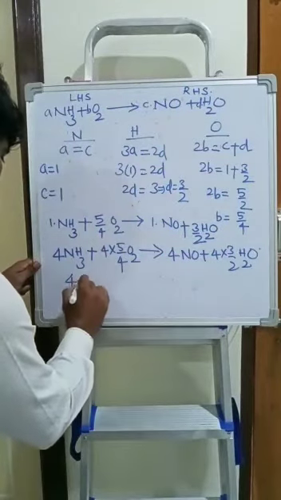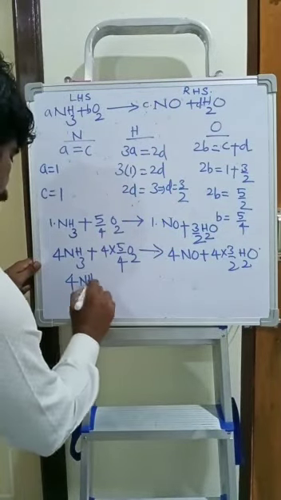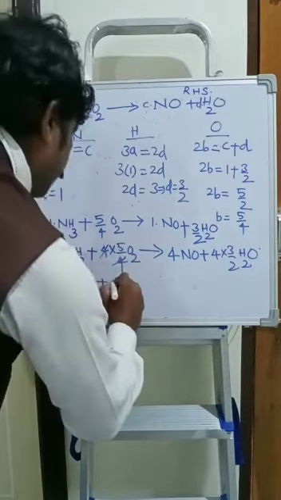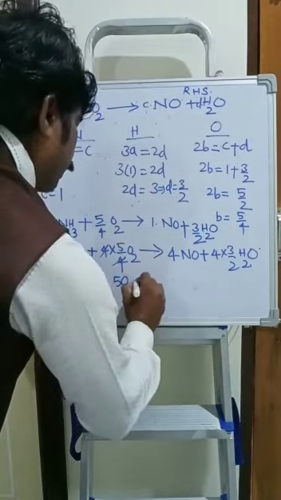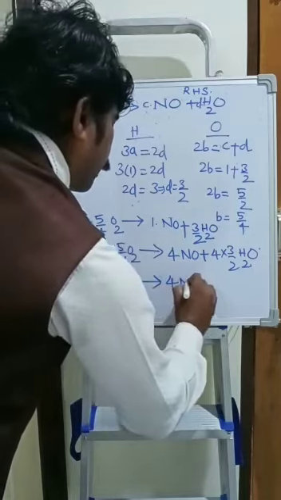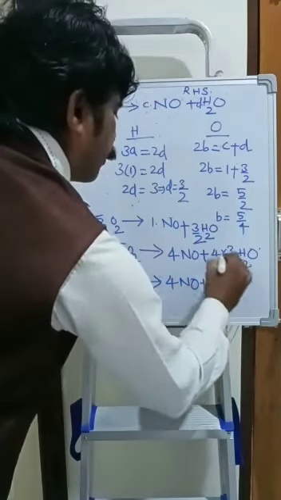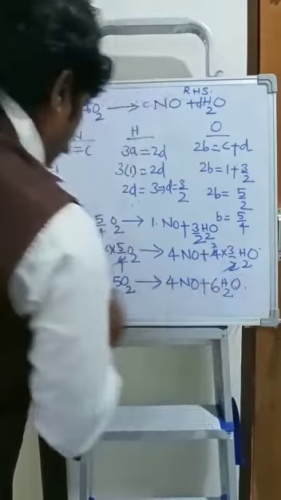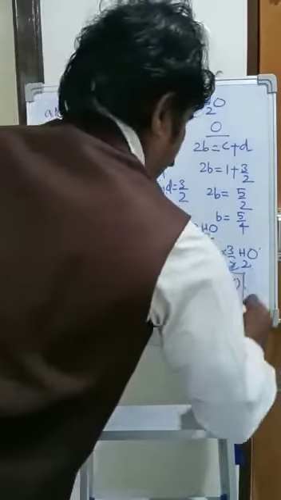The 4s get cancelled: 4 NH3 plus 5 O2 gives rise to 4 NO plus 6 H2O. This is the balanced equation.